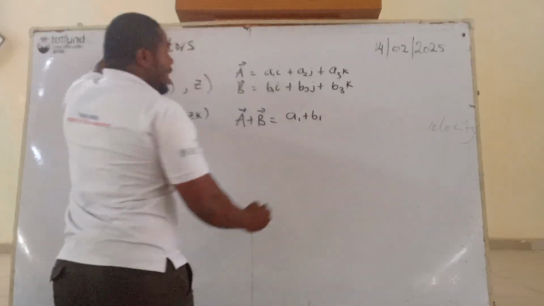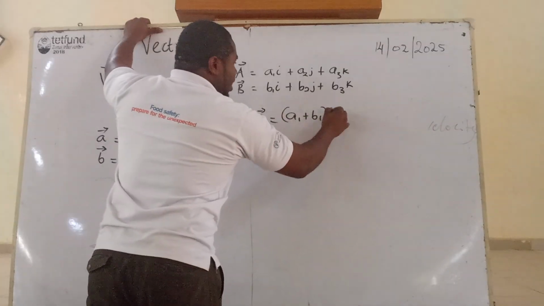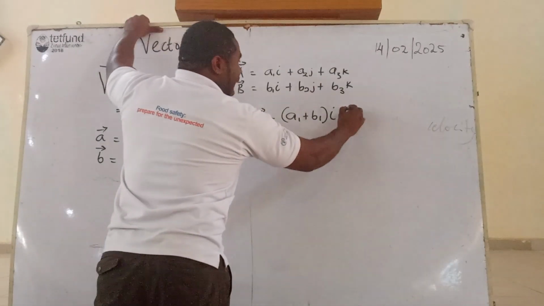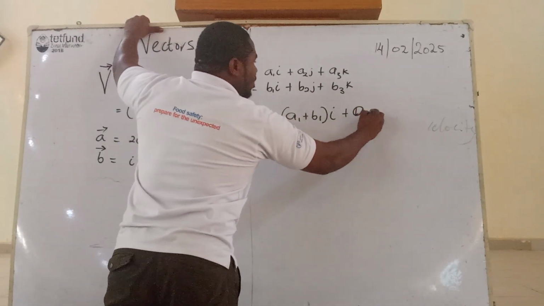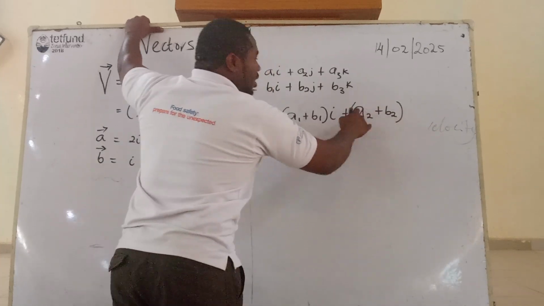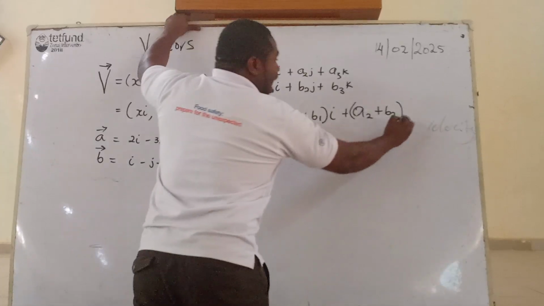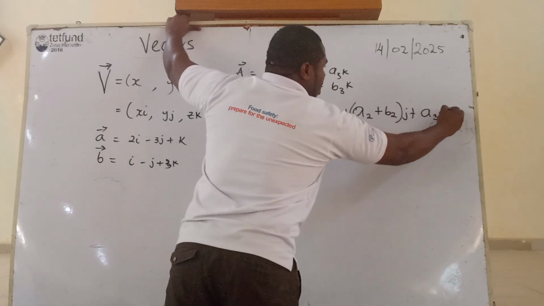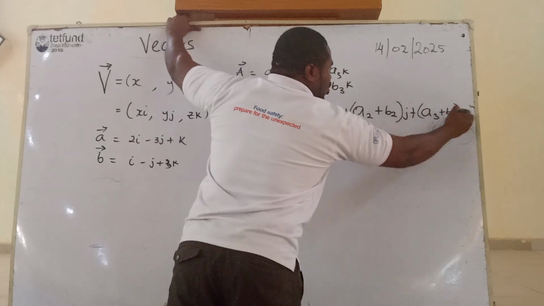Are we together? This is the i component. Fantastic. Then A2 plus B2, and this is the j component, plus, lastly, A3 plus B3, and this is the k component.